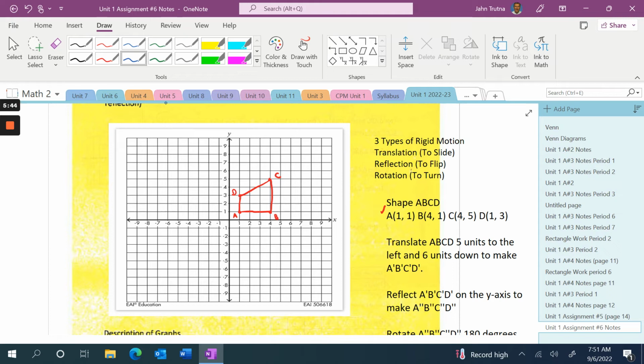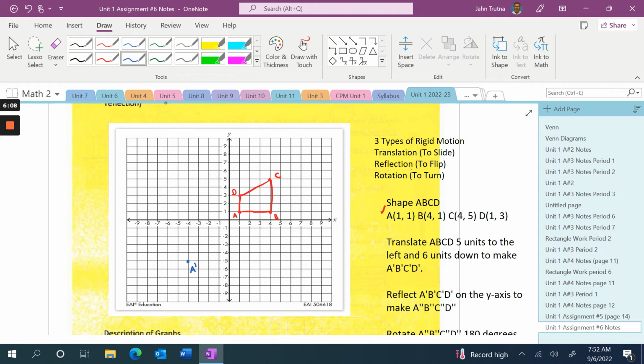So you count 1, 2, 3, 4, 5, 6 units down. 1, 2, 3, 4, 5, 6. A prime would end up at the point -4, -5.